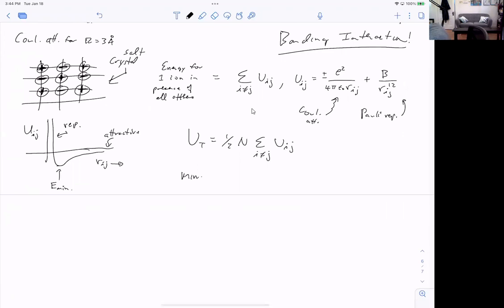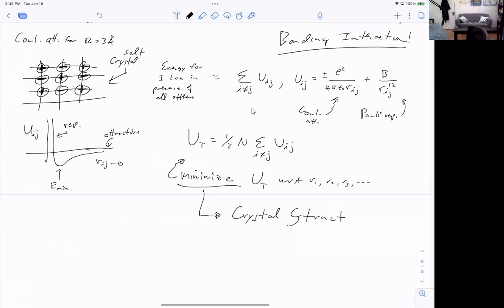If you minimize this total with respect to R1, R2, R3, etc., then you get a crystal structure, because the crystal structure is just the locations of the atoms.